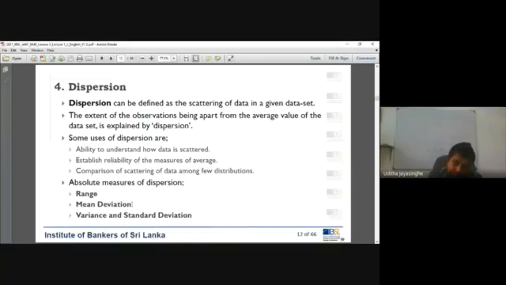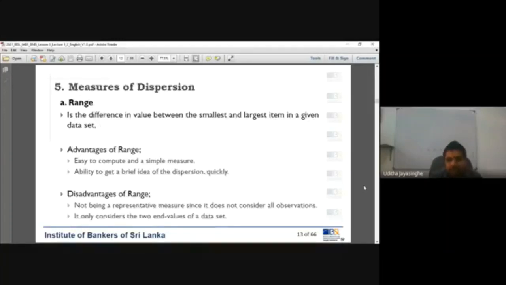But mean deviation, variance, and standard deviation are more complex calculations which will give you, with one particular number, an understanding of how your data varies from a selected central point. Let's go through them one by one and see what these things are.